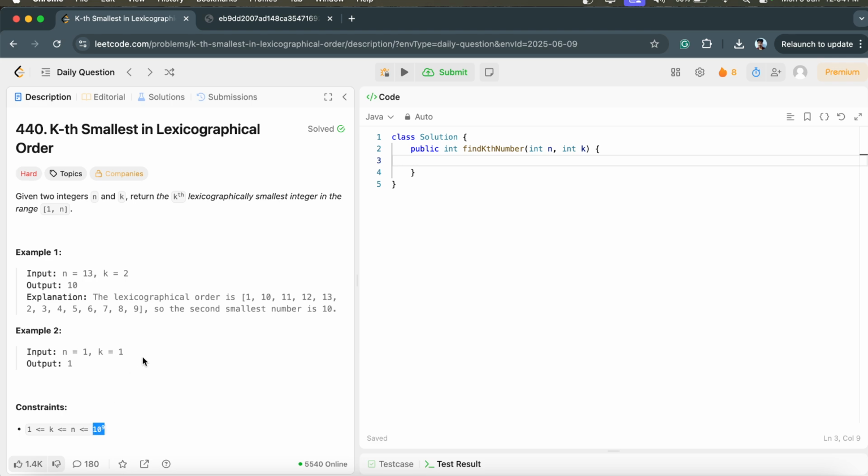So all those approaches won't work. For the DFS approach, you can watch yesterday's video to get the idea of what I was discussing. It will take big O of n time complexity, and we can solve it that way, but O of n is still not sufficient for this constraint.